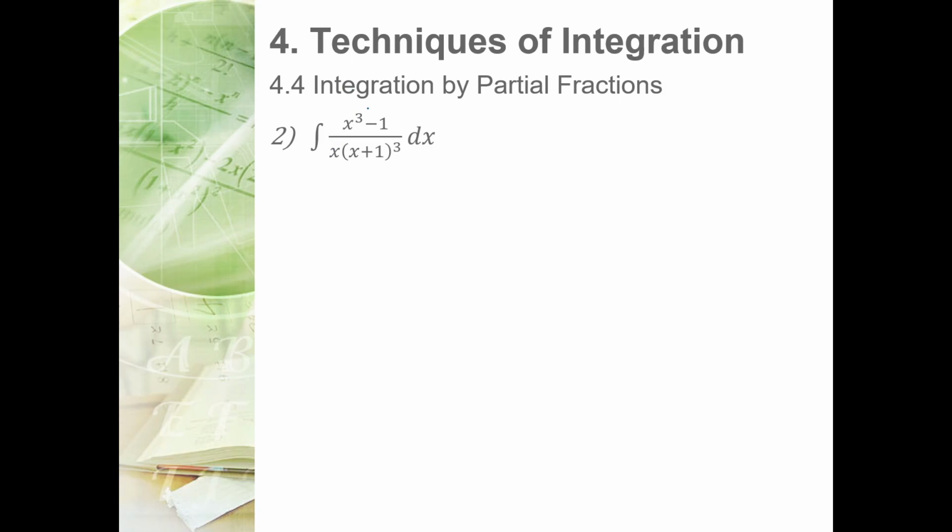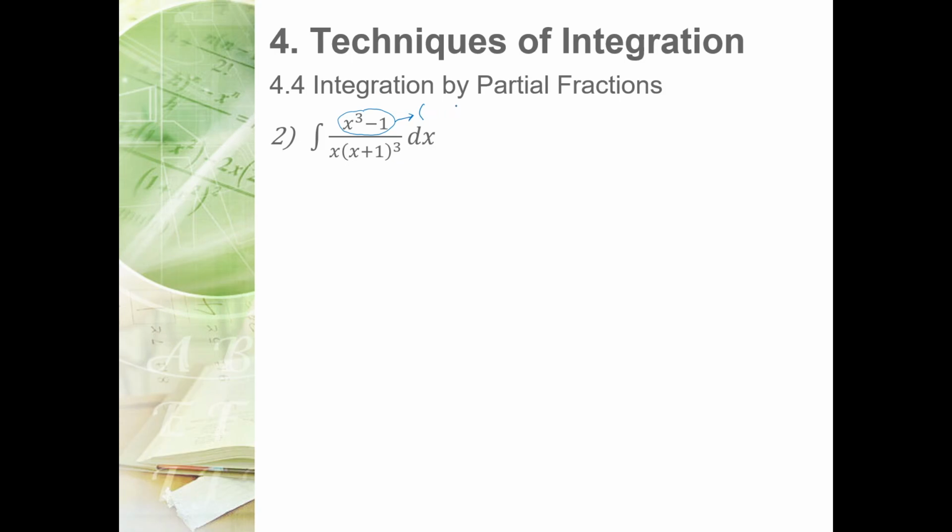For the numerator, this one is a difference of cubes, di ba? So this can also be simplified. Again, try to simplify the given expression as much as you can.